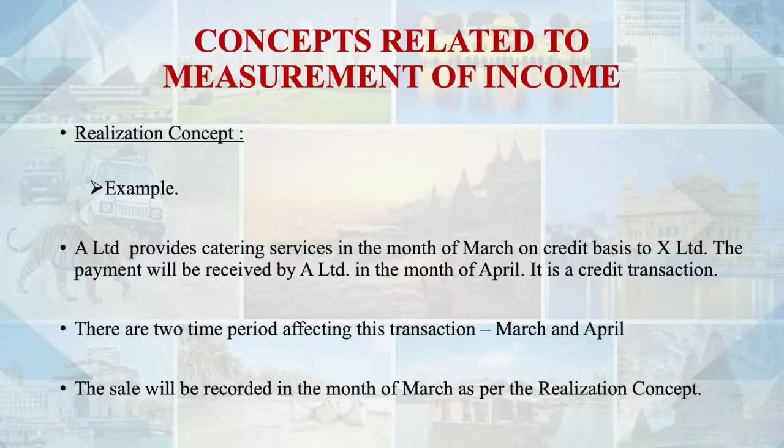The realization concept says that the date of delivering the services, the date when you have given the services, is very important, and that is the date when you have to record the transaction, irrespective of when you are going to receive the payment for those goods or services. So this particular concept is very important when we prepare a profit and loss account statement.